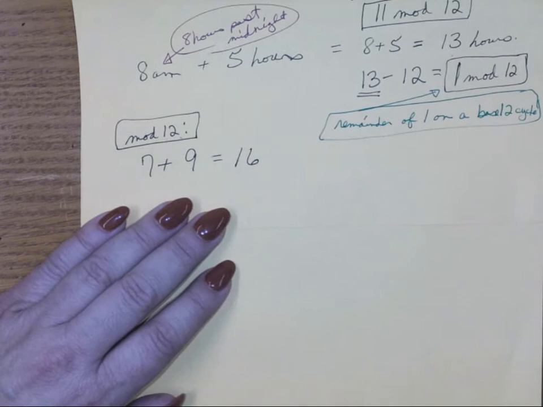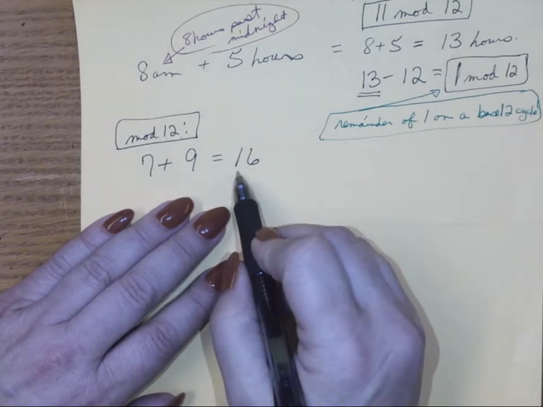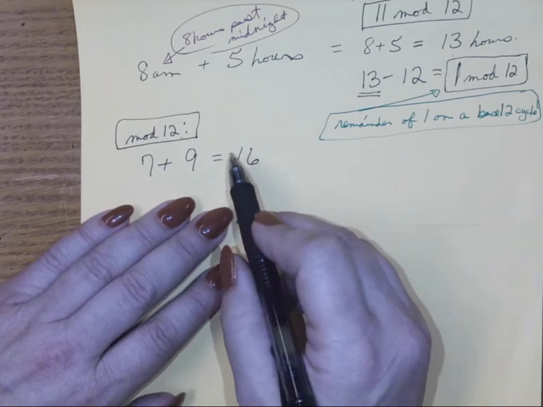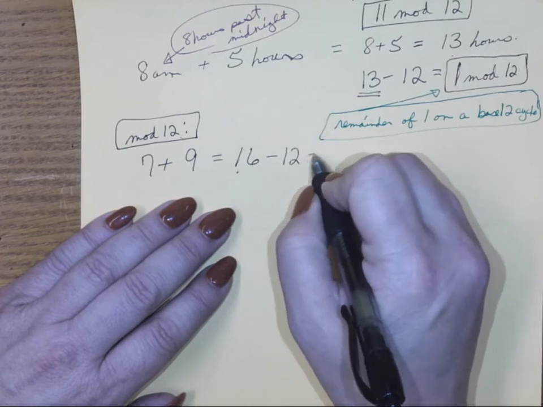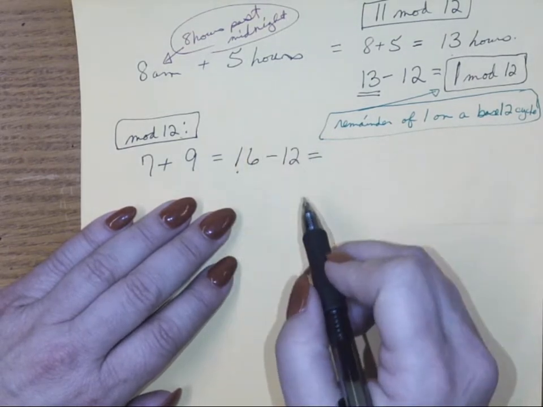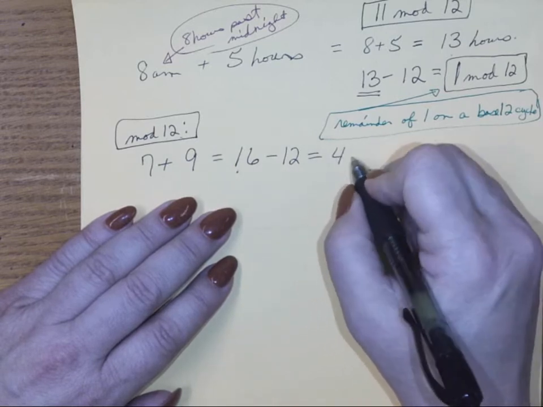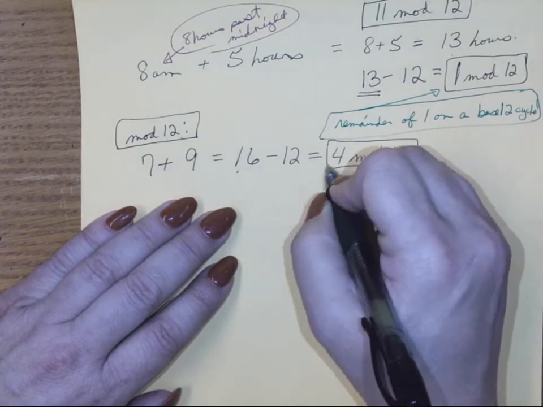So that's not one of my answers in base 12. I need to do some subtraction here and make that look like an acceptable number in the mod 12 world. So I'm going to subtract 12 because I know I went past the noon hour, right? And I've gone 4 more hours, right? So 4 mod 12 is the answer there.